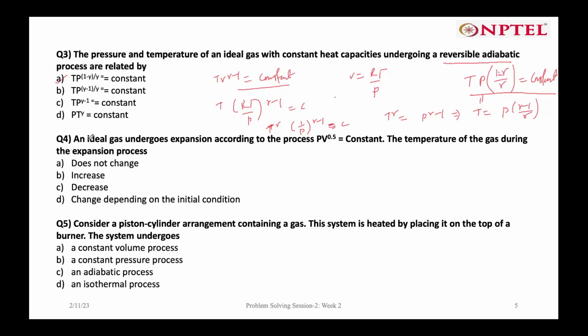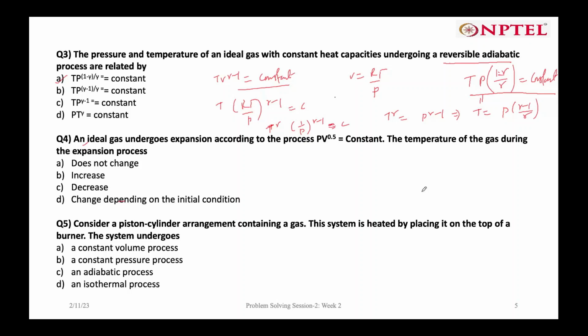Now coming to question number 4. An ideal gas undergoes expansion according to the process PV raised to the power 0.5 is equal to constant. The temperature of the gas during the expansion process: the options here are does not change, increase, decrease, or change depending on the initial conditions.